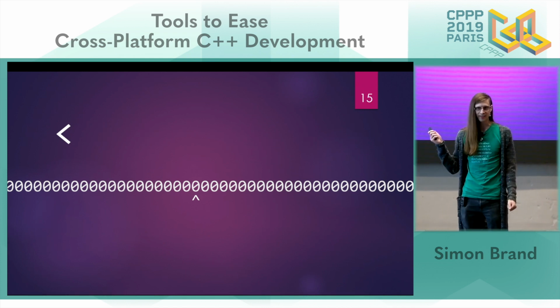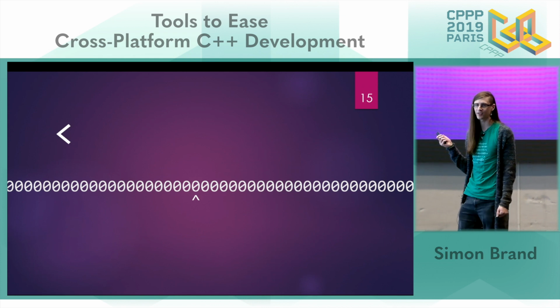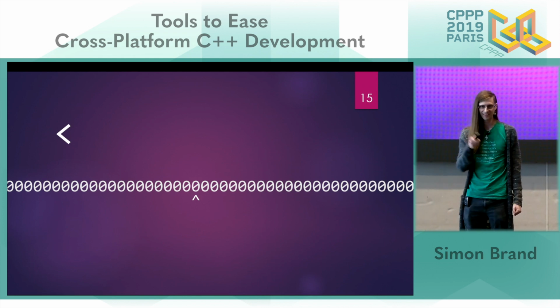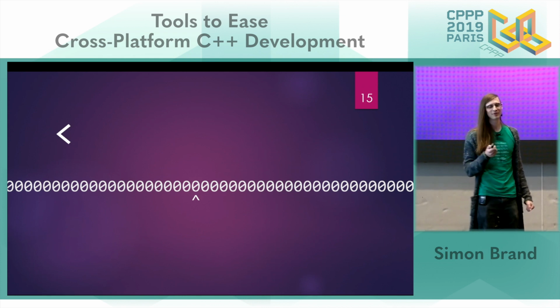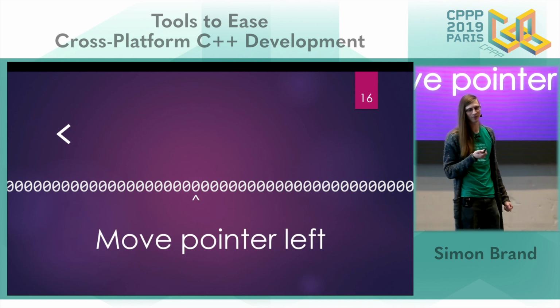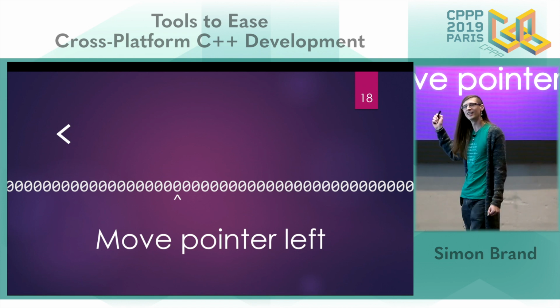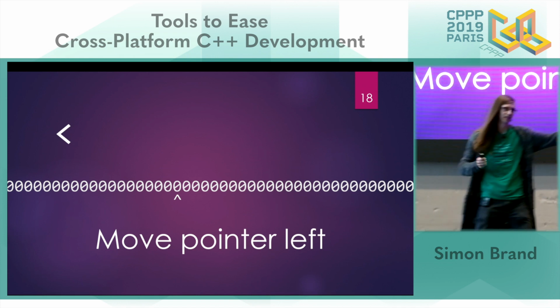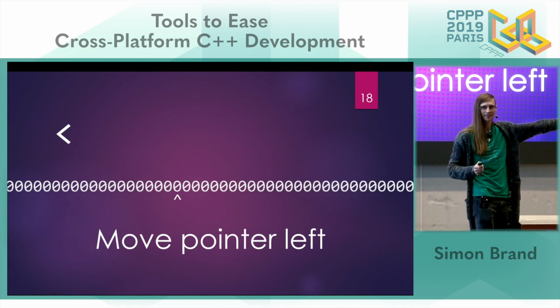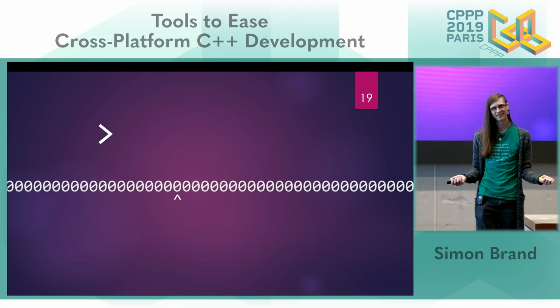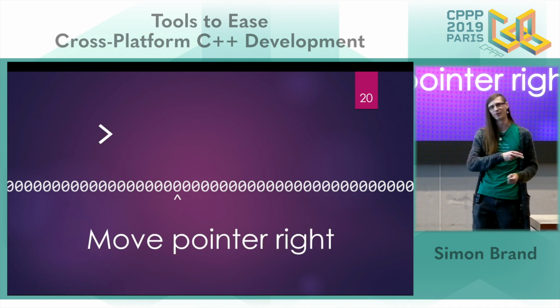So the first one, does anyone have an idea of what this instruction might do? Exactly. Moves the pointer one place to the left. So we can do this instruction multiple times and move our pointer over. If we want to move it back, then we use this instruction, which moves the pointer right.